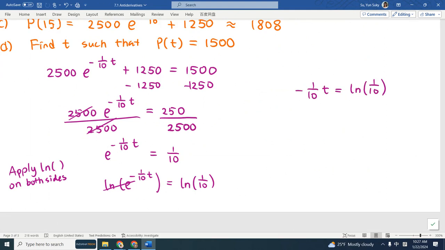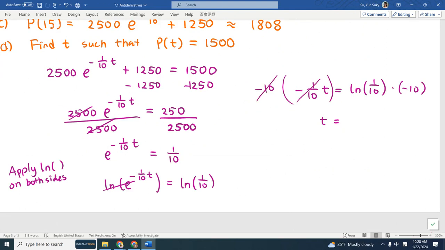And then what? How do we solve for t? Yeah, multiply by the reciprocal, which is, yeah, minus 10. Very good. So we multiply by minus 10, and this cancels.